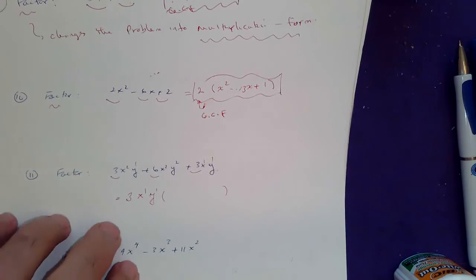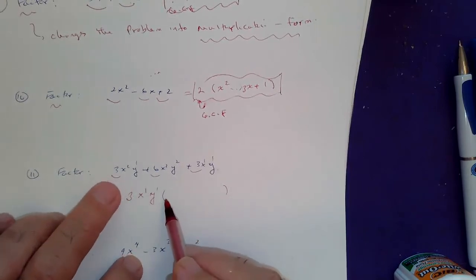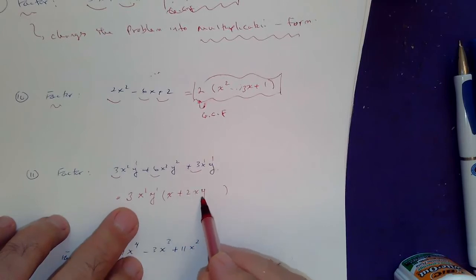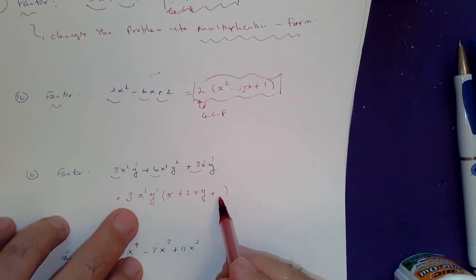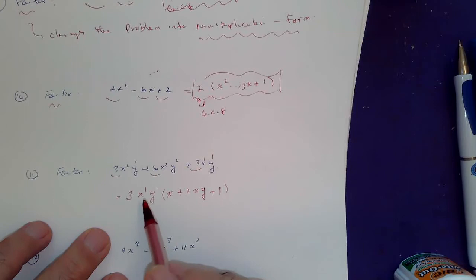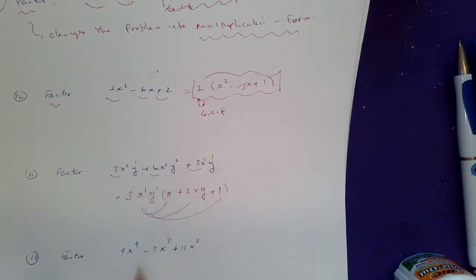So here, I'm going to get x. Up here, I'm going to get 2xy. And here, I'm going to get 1.